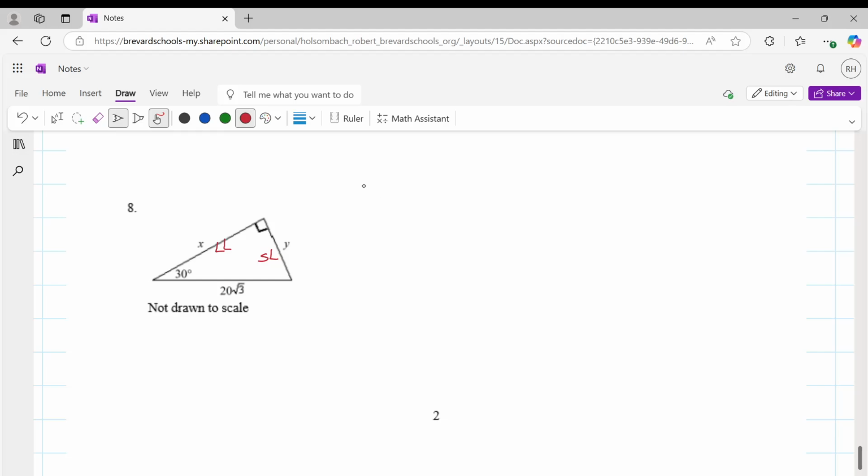So the short leg, y, is equal to the hypotenuse, which is 20 radical 3, divided by 2. You can simplify the 20 over 2, so this is 10 radical 3. That's in simplest radical form.